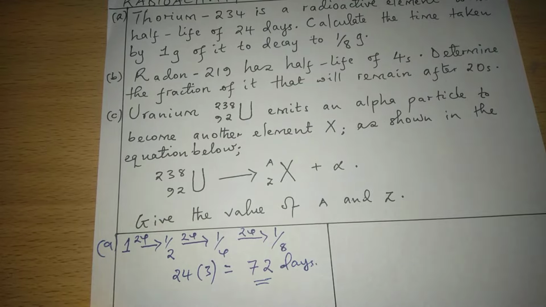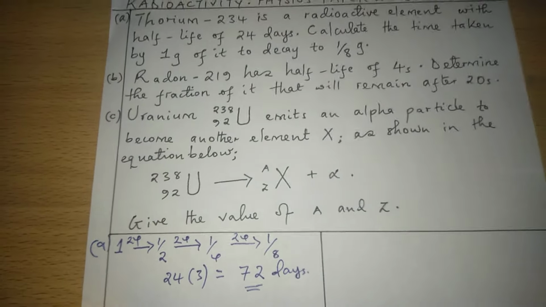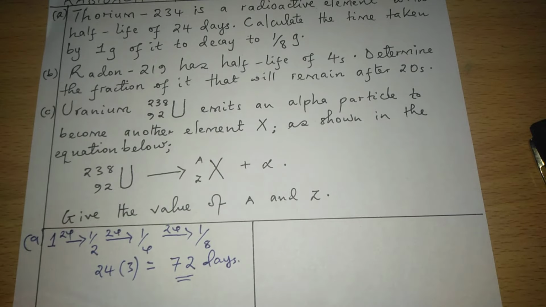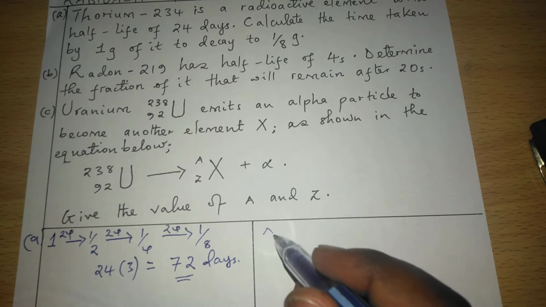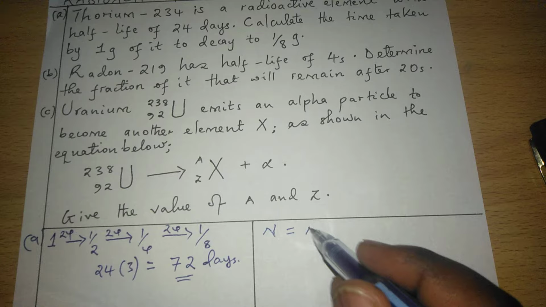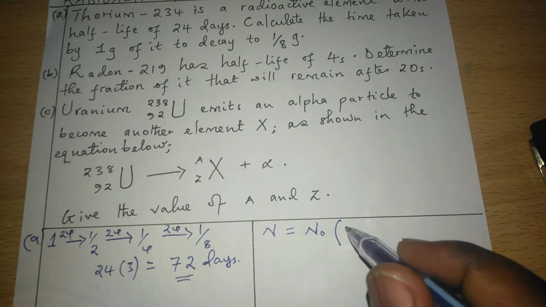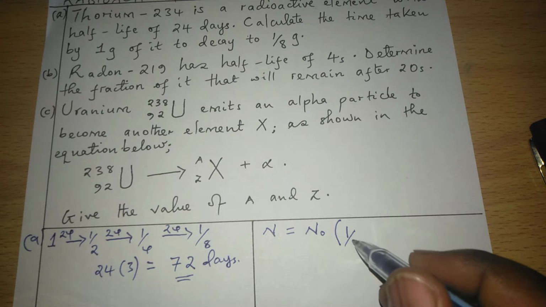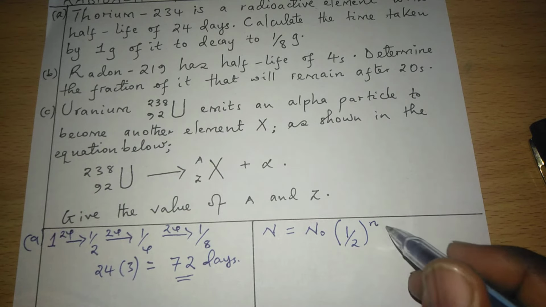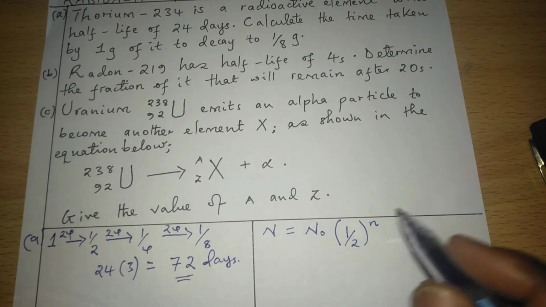Apart from this approach, we can use the nuclear reaction equation, which says that the remaining fraction is given by the original number times half raised to n, where n is the number of half-lives.